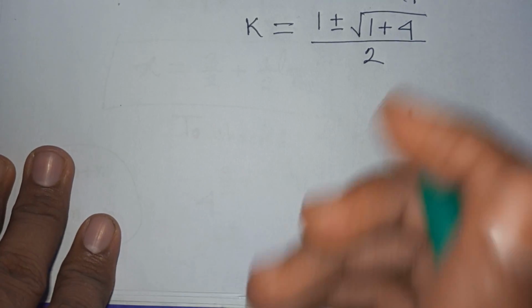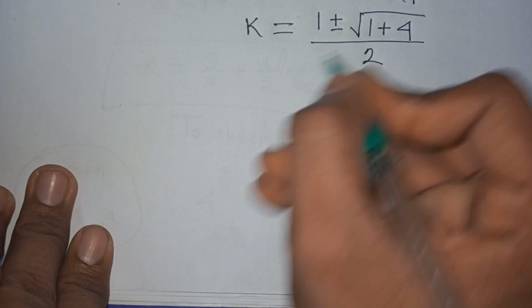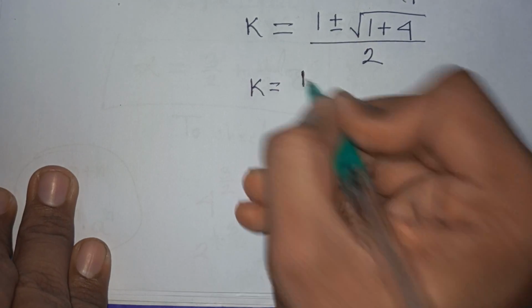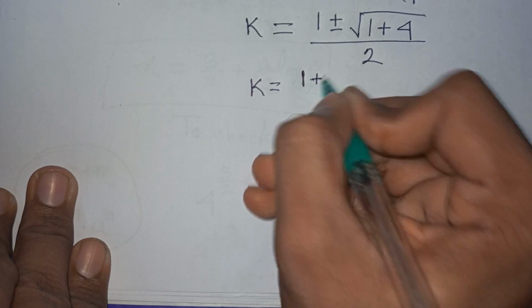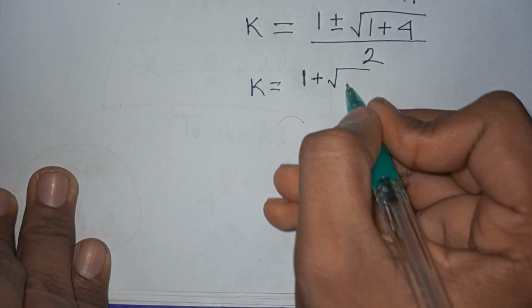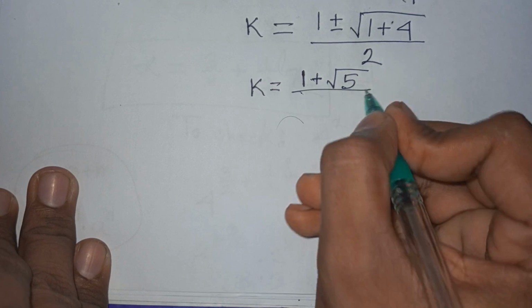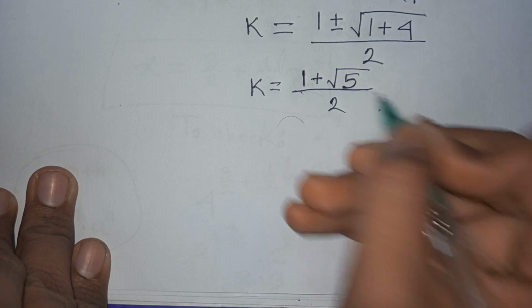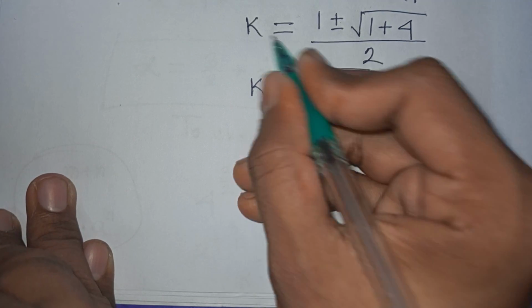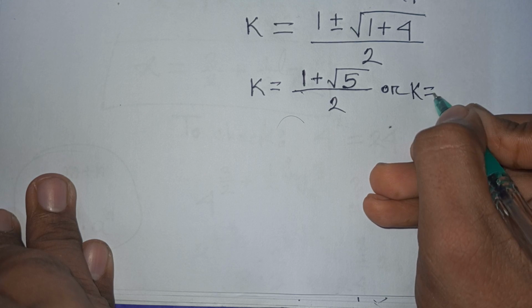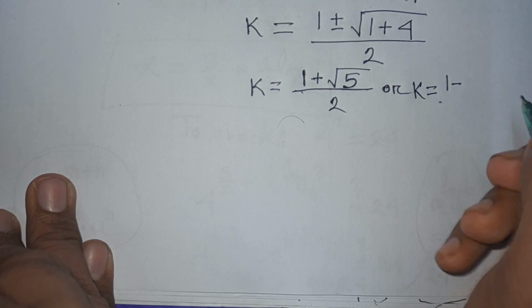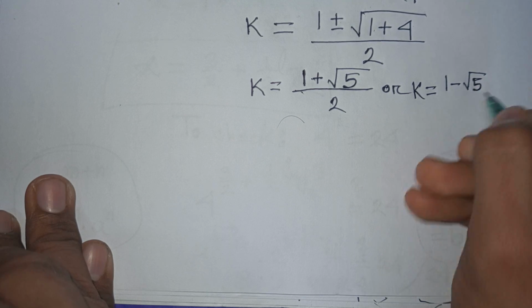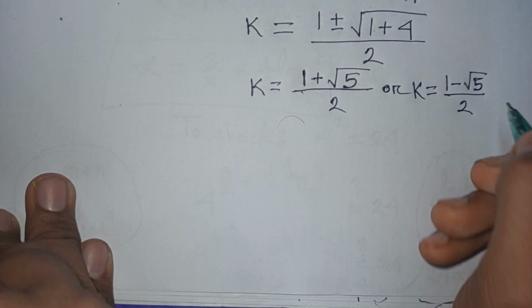Now we see two cases: k is equal to 1 plus square root of 1 plus 4, that means 5, divided by 2, or k is equal to 1 minus square root of 5 divided by 2.